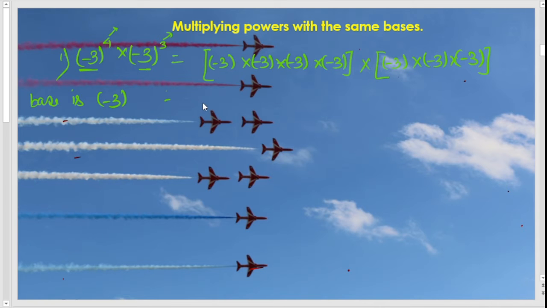Now these are -3 into -3 into -3 into -3. This bracket is removed, into -3, this bracket is also removed, into -3 into -3.